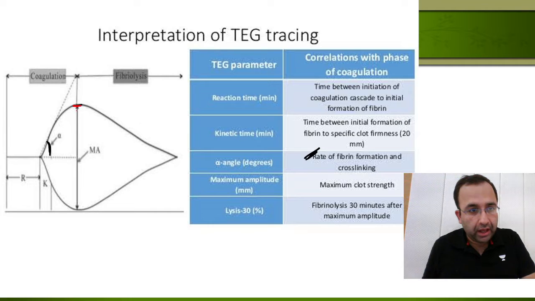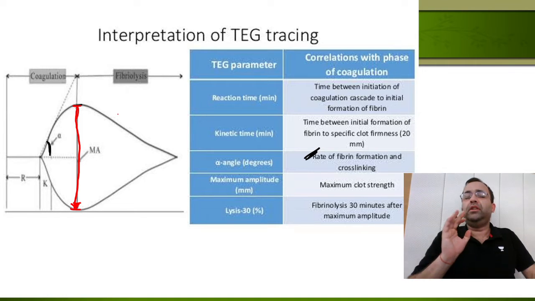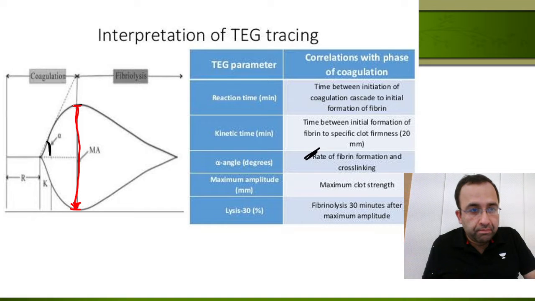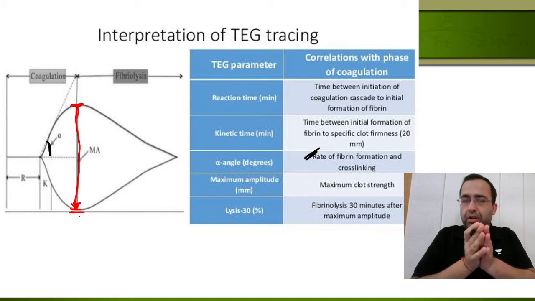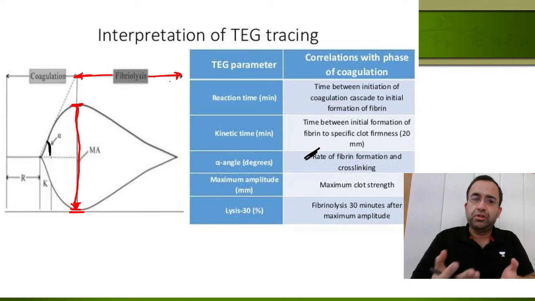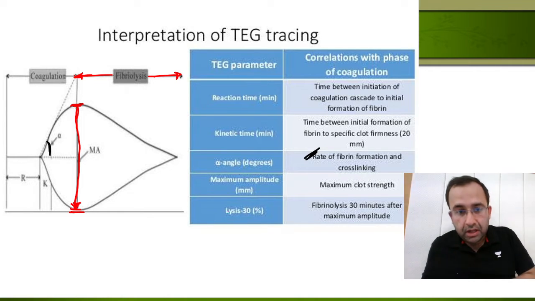Next is MA, that is maximum amplitude. This is the maximum clot strength. Till this point coagulation had occurred, and after maximum amplitude is fibrinolysis, which we measure as lysis 30 or LY30.